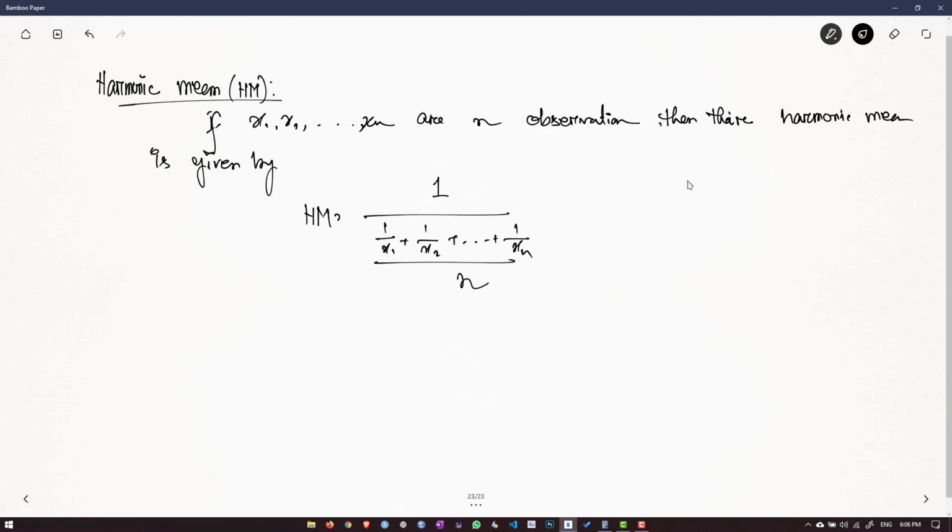That means here you have to follow certain steps. Step number 1 is reciprocate every observation.